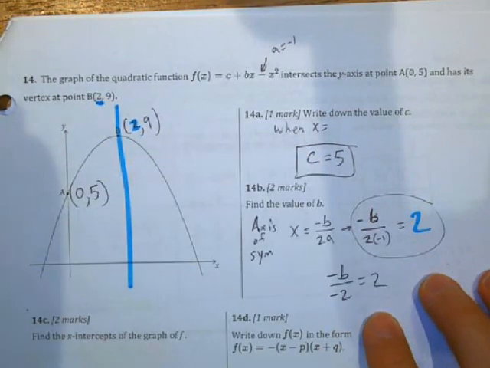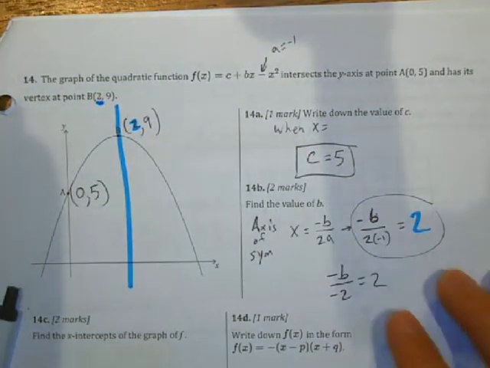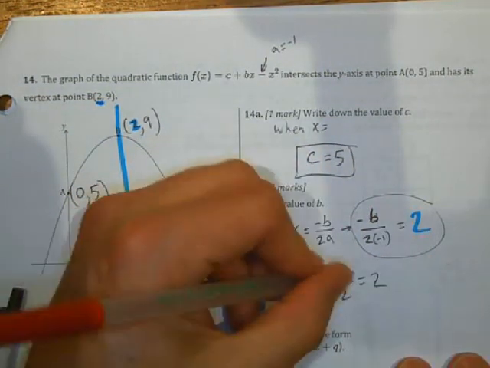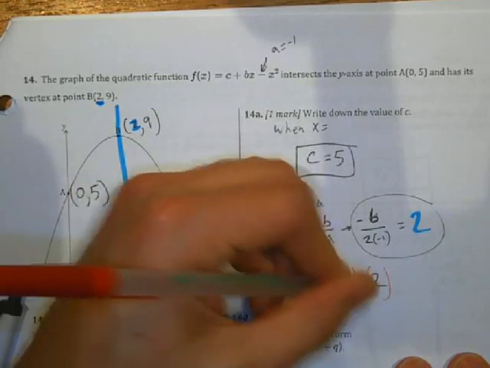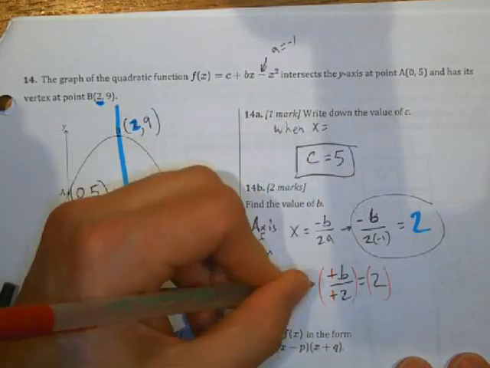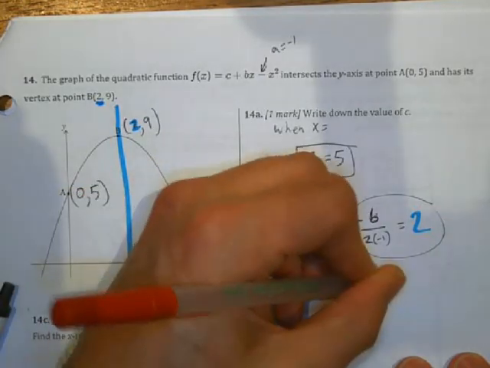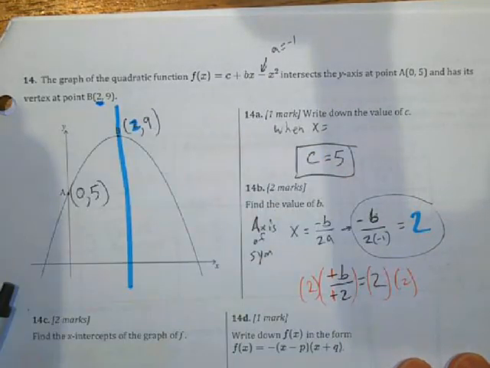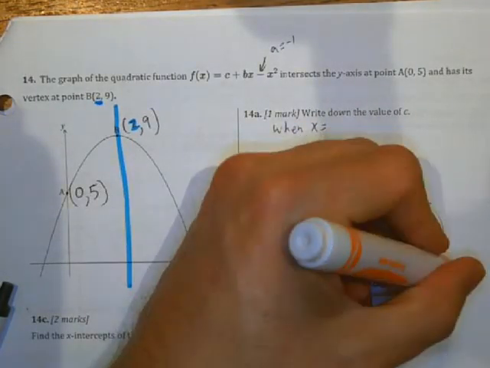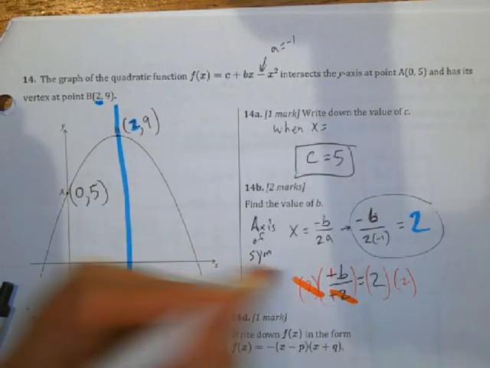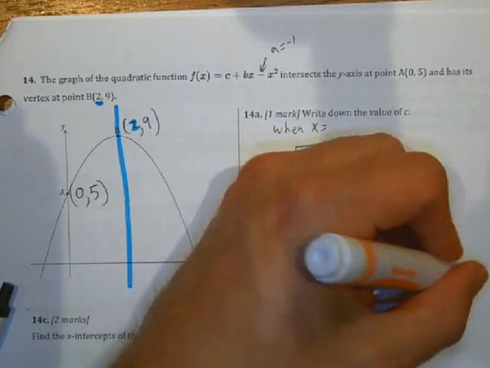And so I can multiply 2 on both sides. Let's just make both of those positive so that cancels out, and then I get b equals 4.